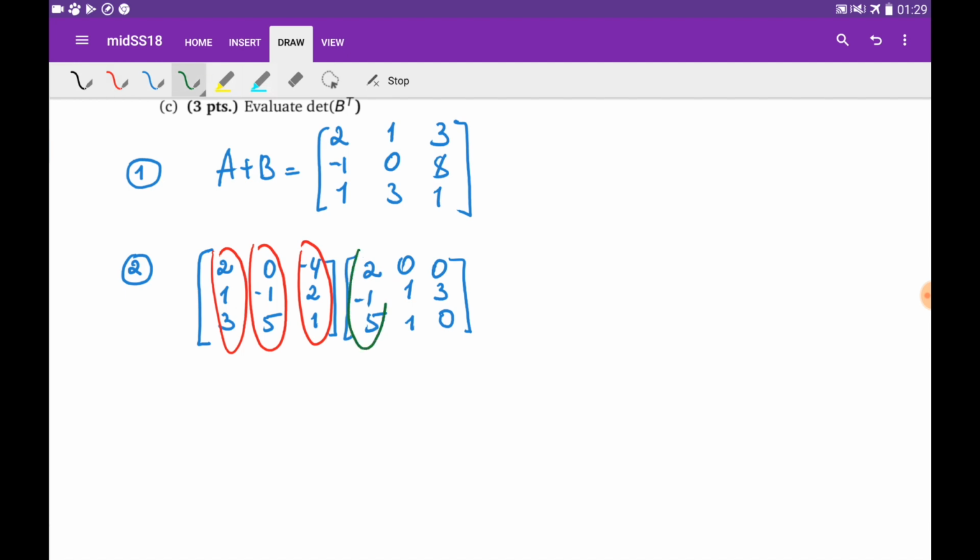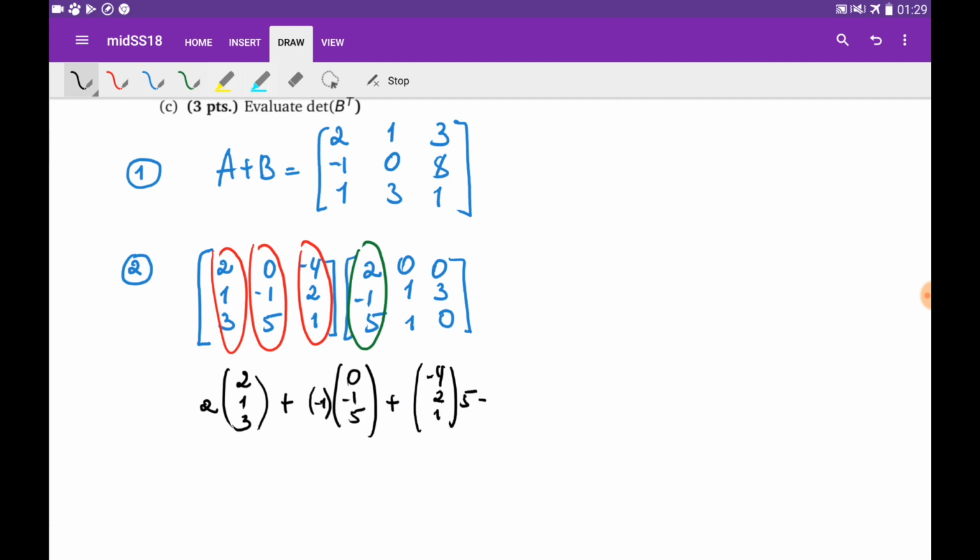So let's do the combination. The first combination is we multiply the first column 2, 1, and 3 by 2. We multiply the second column 0, minus 1, and 5 by minus 1. And we multiply the last column minus 4, 2, and 1 by 5. And we need to obtain a vector which is going to be put in the first column of the resulting matrix.